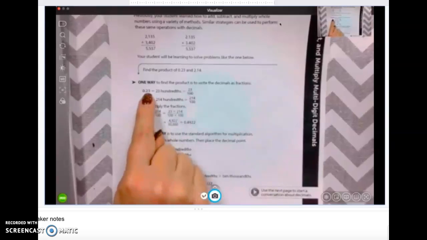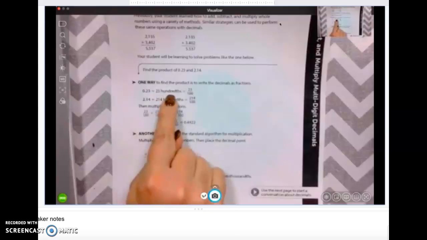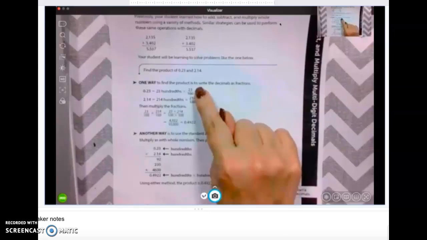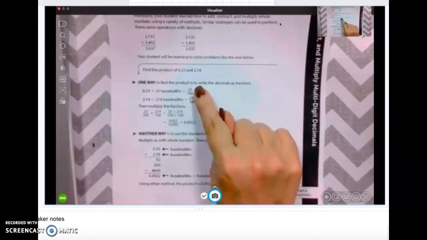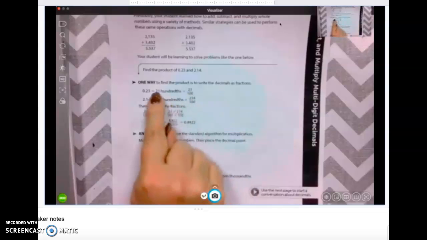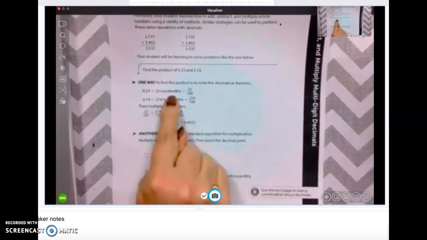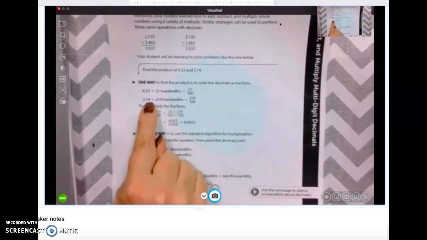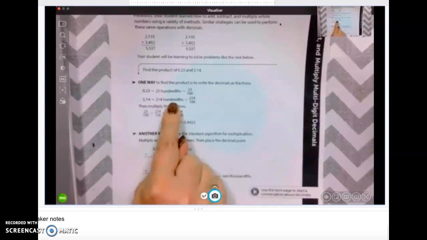Since this is the same as saying 23 hundredths, its fraction would be 23 over 100. Here we have 2 and 14 hundredths.